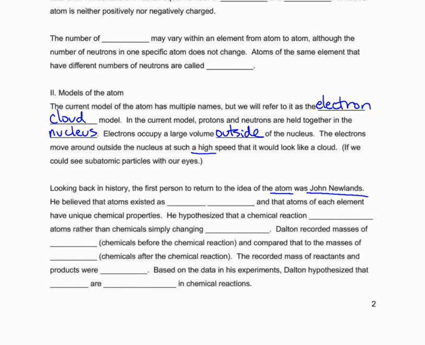He believed that atoms existed as solid spheres, maybe something like a marble, and that atoms of each element had its own unique chemical properties. He hypothesized that a chemical reaction rearranges atoms rather than just having chemicals that change identity.